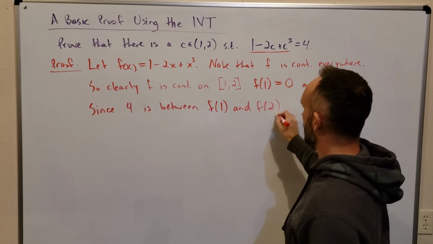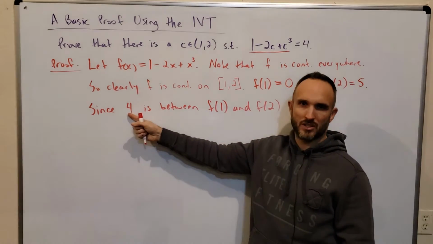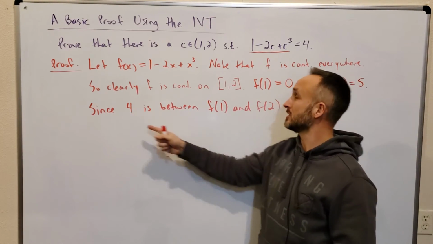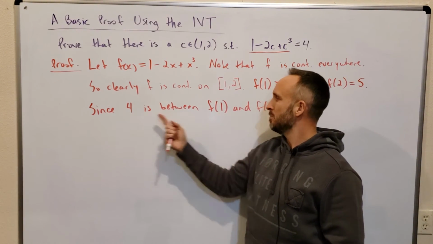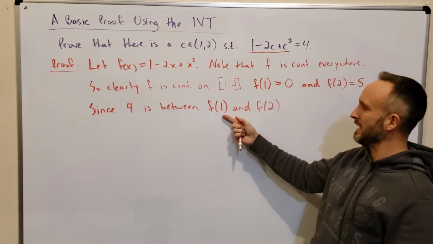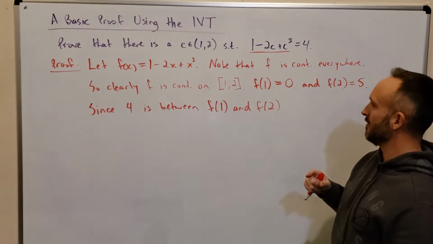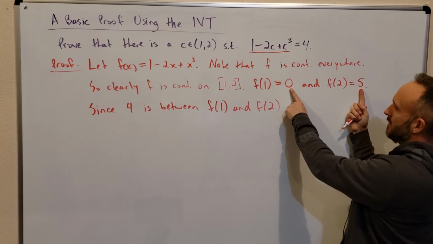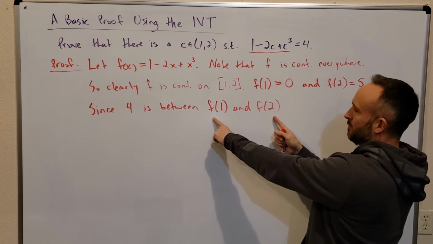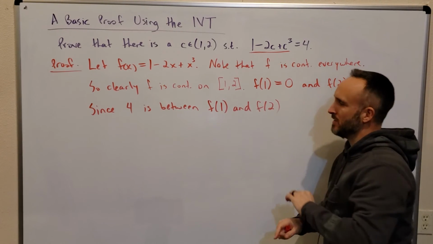The intermediate value theorem says for every n, which in this case is 4 because that's the output of the function, for every n between f of a and f of b. So we're not really focused on the 0 and the 5 when we write it out, but we understand that this value is 0 and this value is 5, therefore 4 is between those, okay?